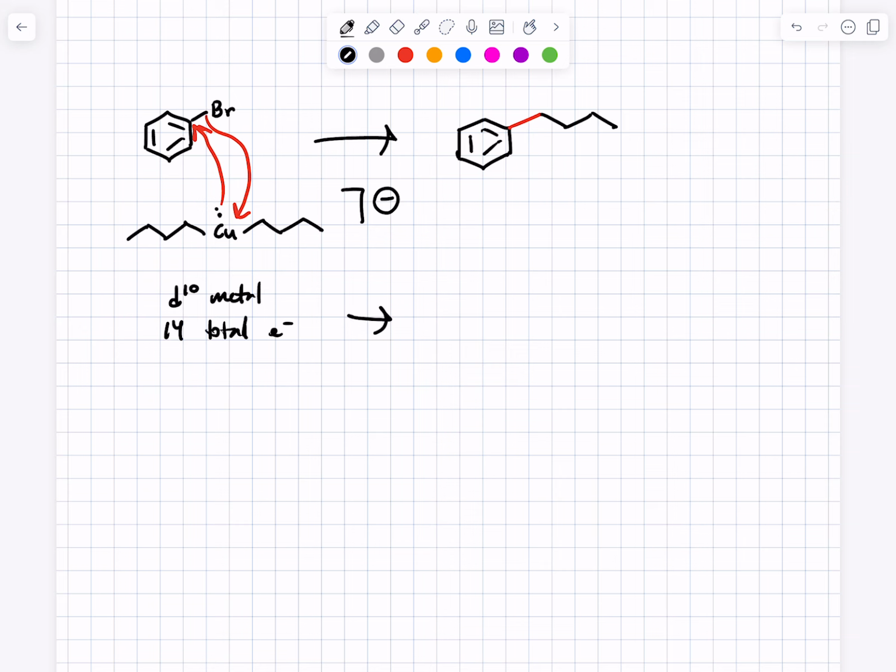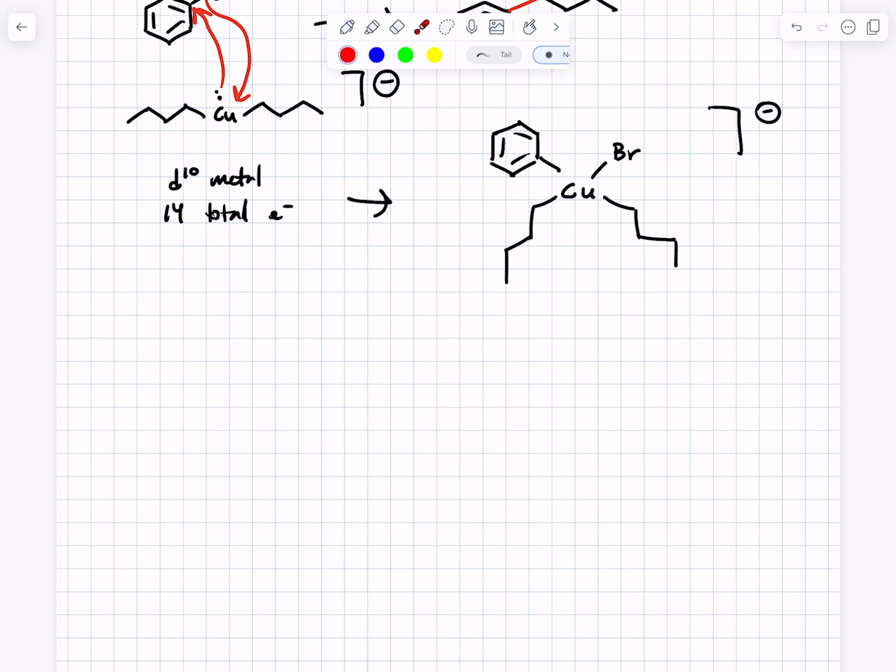And then what you get after that is the following. You get the 2 4-carbon chains attached to copper, and then you get 2 new things attached to the copper. You get the benzene ring and the halide attached to the copper. Let's examine what's changed.